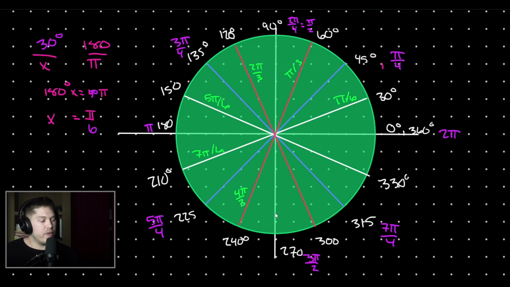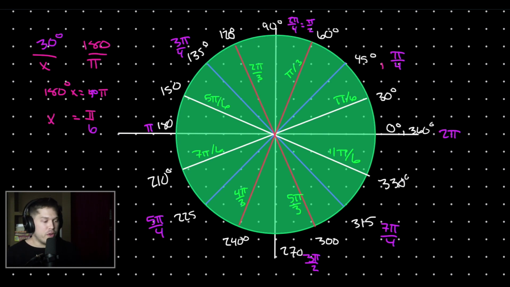Then we have 9 pi over 6. Then we have 10 pi over 6, which is, of course, 5 pi over 3. And then we have 11 pi over 6. And then we have 12 pi over 6, which is our full circle, our full 2 pi.